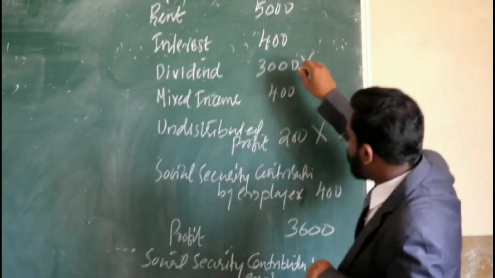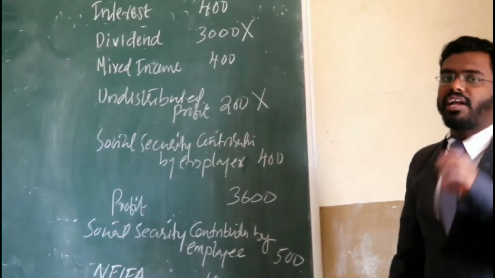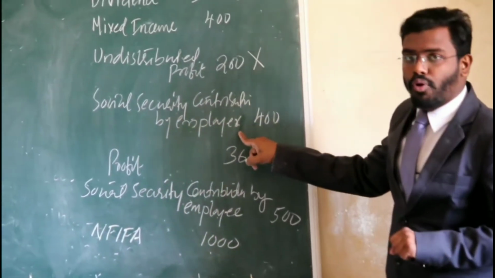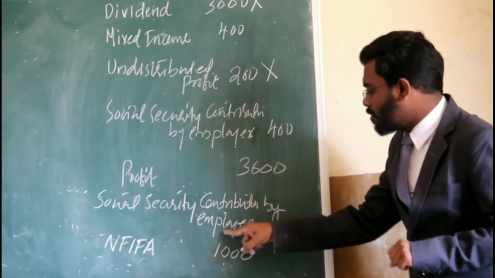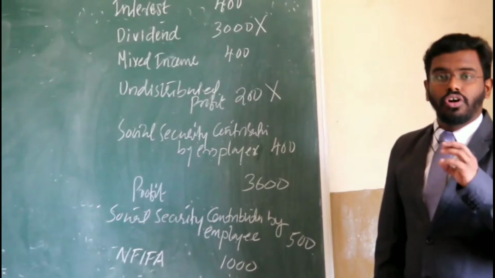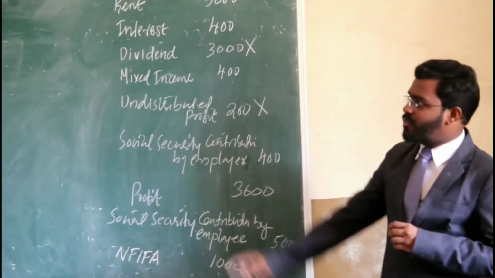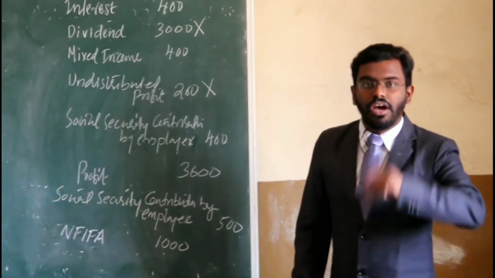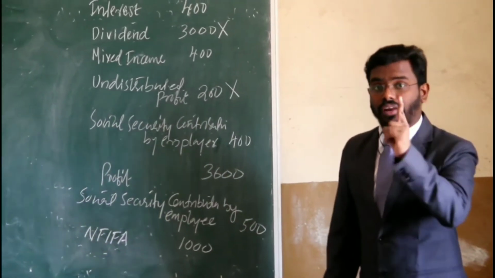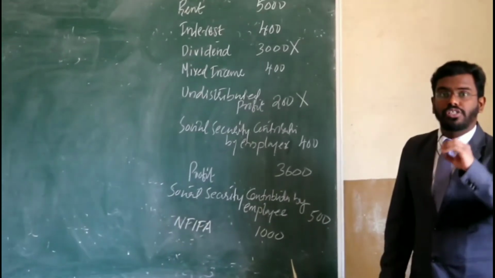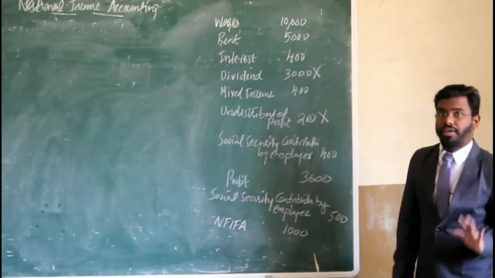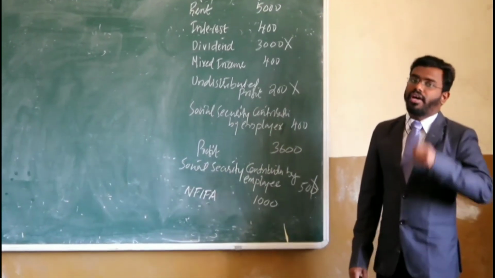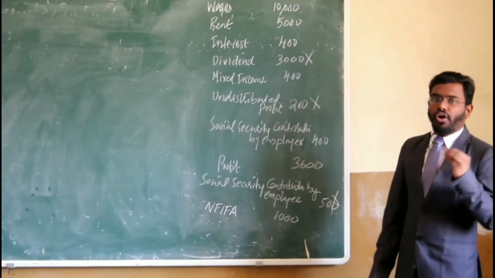Then dividend also should be excluded from our calculation. Next, social security contribution by employer and social security contribution by employee. While explaining national income using the income method, we clearly specified that contribution by employer will be included and contribution by employee will not be included. So this one will not be considered in the calculation of national income. Now we can solve it.